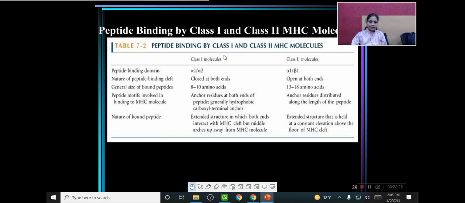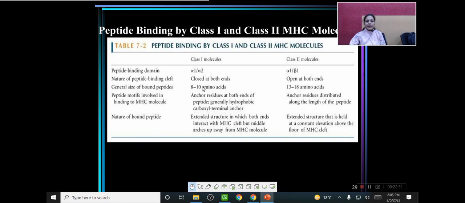Now these are the differences between class 1 and class 2 MHC molecules. Peptide binding domain: alpha 1, alpha 2 in class 1 molecule; alpha 1 and beta 1 in class 2. Nature of peptide binding cleft: closed at both ends in class 1, open at both ends in class 2.